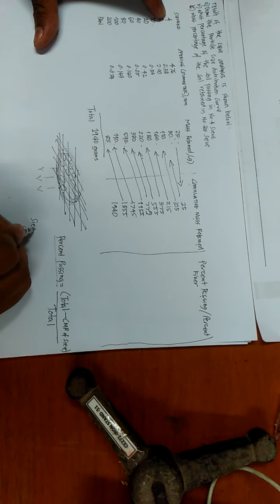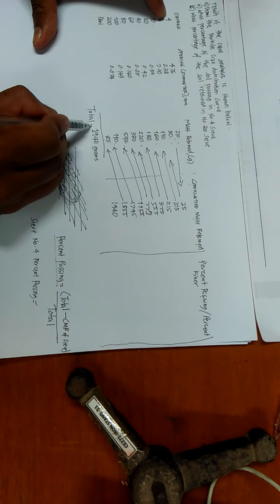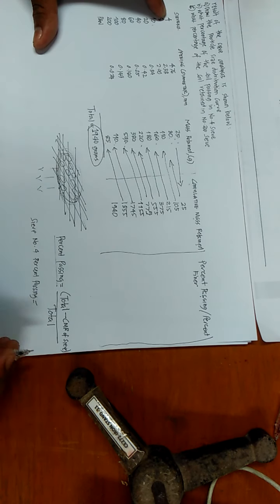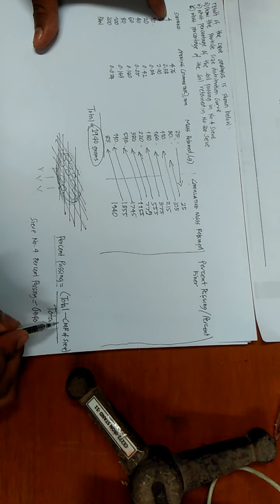So, meaning to say, kapag kukunin natin yung percent passing ng sieve number 4, okay, example lang, sieve number 4, percent passing. Our total is equal to what? 1,940. 1,940 minus cumulative mass retained of the sieve.